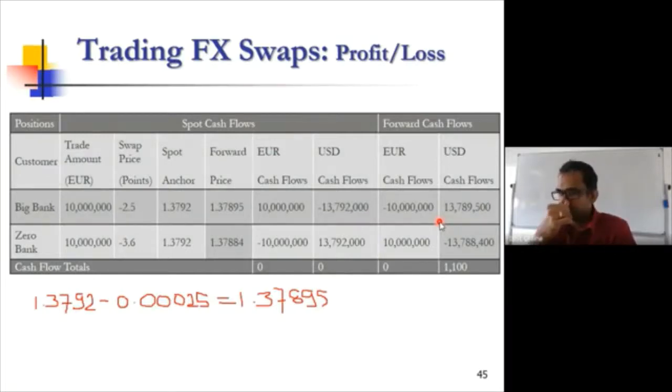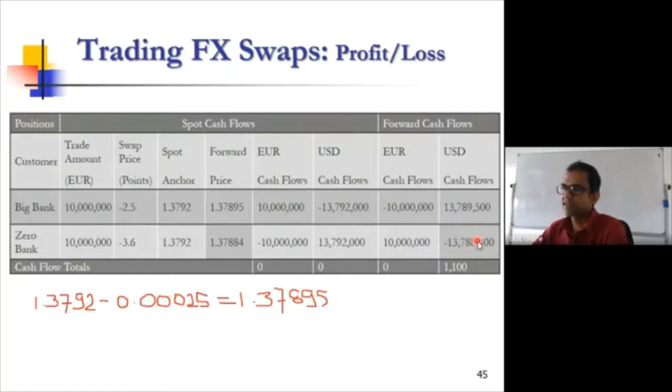You settle the transaction with the Zero Bank as well, in which you agreed to buy euro 10 million on the forward value date. So you receive 10 million euros while paying 13,788,400. How do you derive this figure?